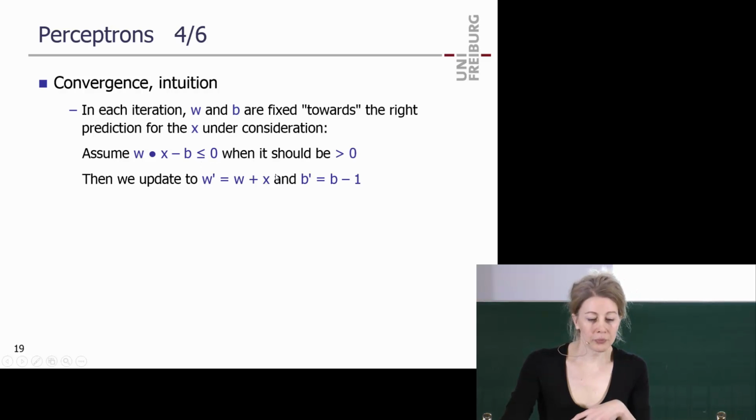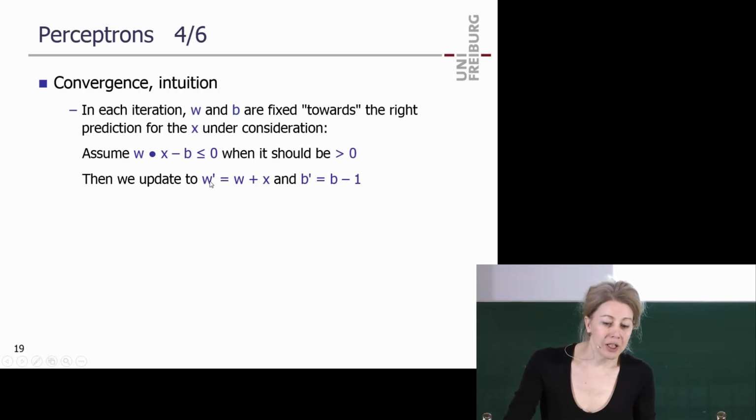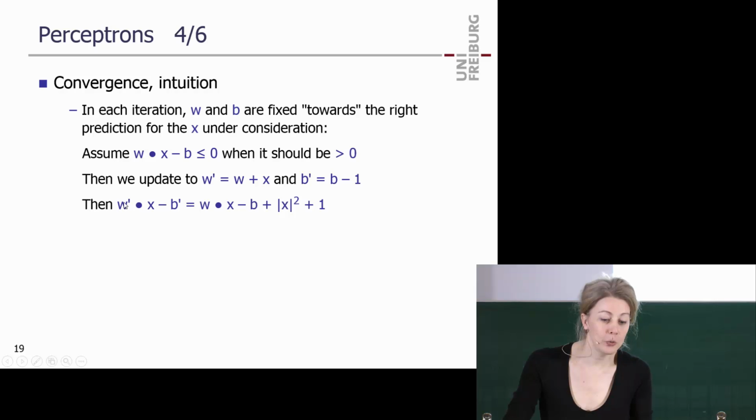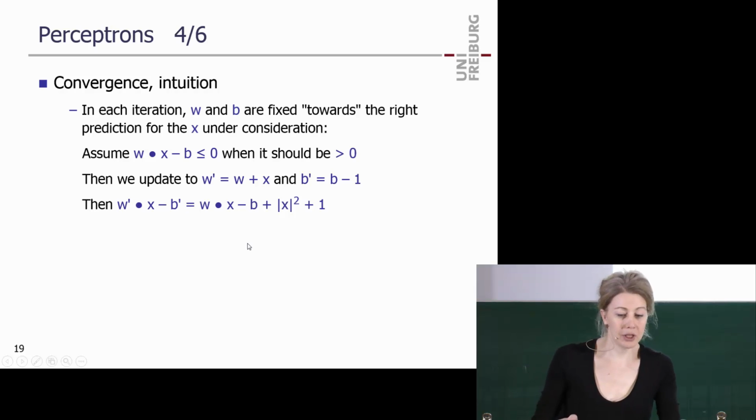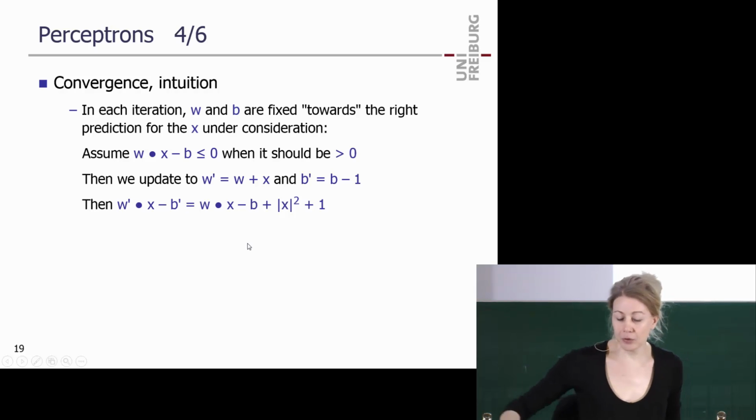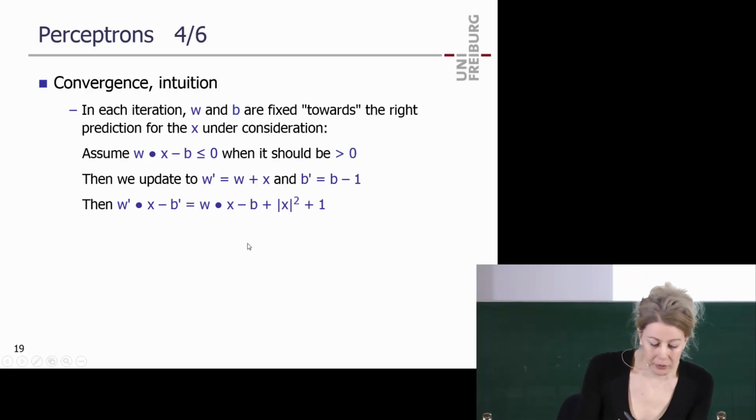This is what we had in the first round. Now I just update: it's negative and it should be positive, so I add something, yeah? Here these are always positive and here I subtract something. Now what happens? That's easy. Now just look at the new weights. I can write one intermediate step so that it's super clear.